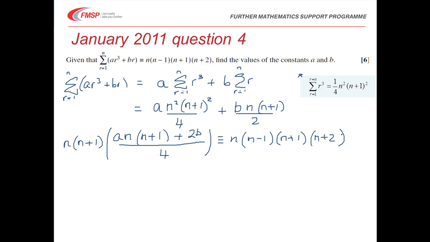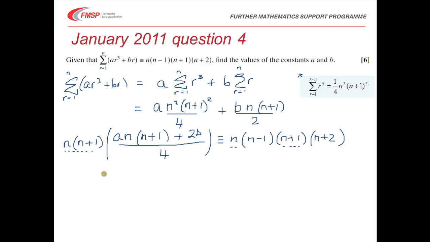And what we need to notice here is that, now that I've taken this common factor out, n upon n plus 1, we also have an n and an n plus 1 over here. So what we're going to do is compare coefficients.